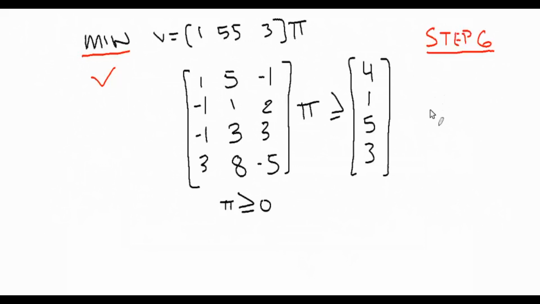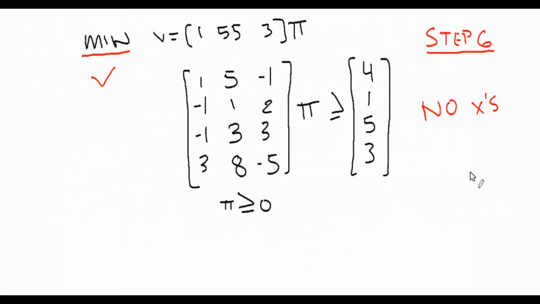The other thing to check is that we do not have any primal variables, no x's, in our dual solution. Seems obvious, but many times on exams, students end up having a dual that has the primal variables left in it for some reason. And that's kind of a shame because it's a very easy thing to check.